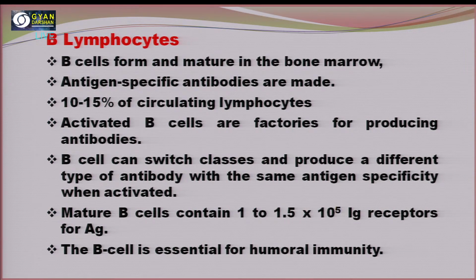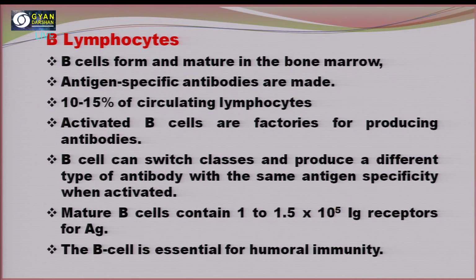So I want to discuss the lymphocytes one by one. One very important lymphocyte is the B lymphocyte. B lymphocytes form and mature in the bone marrow, and antigen-specific antibodies are made. It is a very important mechanism: very specific antibodies are produced in the blood system. 10 to 15% of circulating lymphocytes are B lymphocytes.